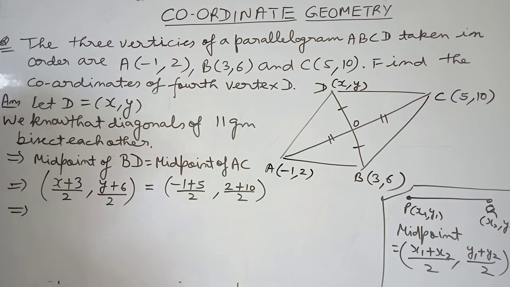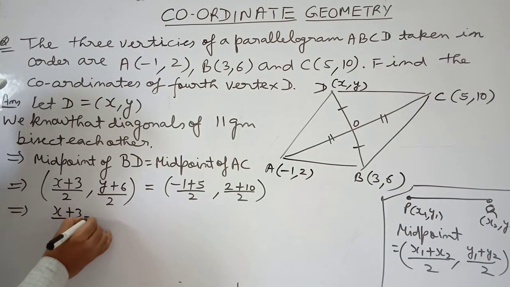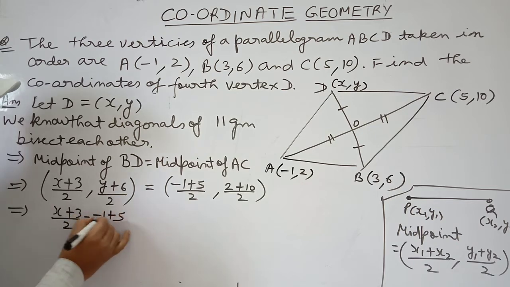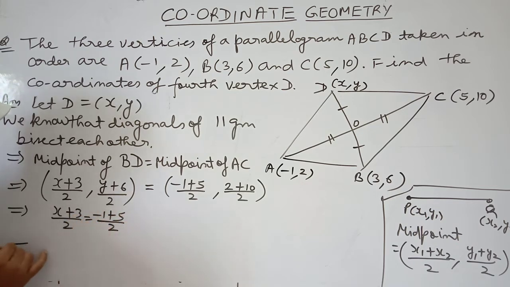Compare x coordinate with x coordinate and y coordinate with y coordinate. So x plus 3 upon 2 equal to -1 plus 5 upon 2. This implies 2 will cancel 2. So x equal to what?